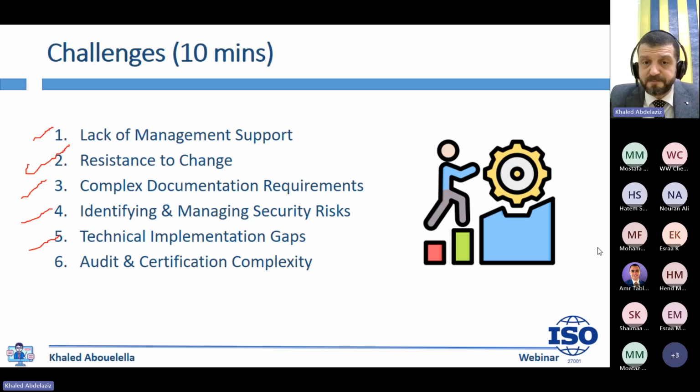Audit and certification. Some organizations see audits as stressful and time consuming. In this case, you need to conduct an internal audit before the official certification. You may also call for support from an ISO 27001 consultant.